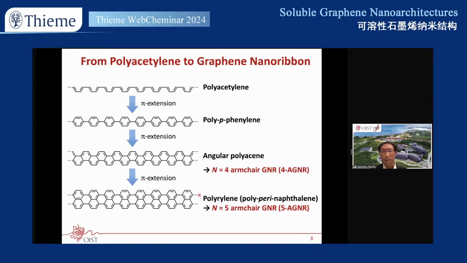And then further, polyperylene or polyperinaphthalene in classical terms is 5-AGNR. So these are polymers, and other polymers are also included in the graphene nanoarchitectures.